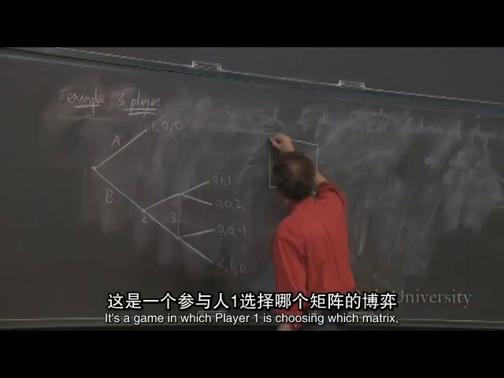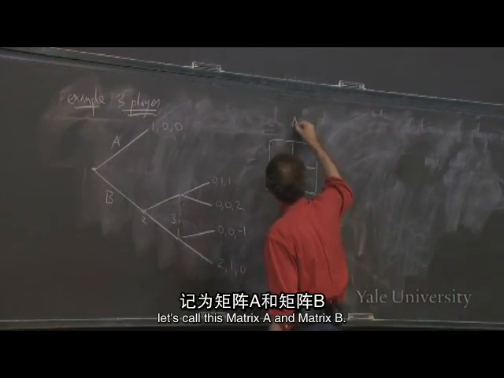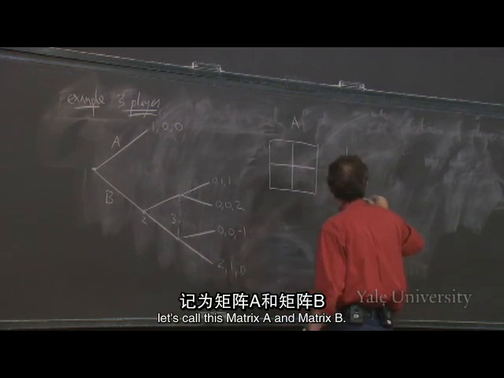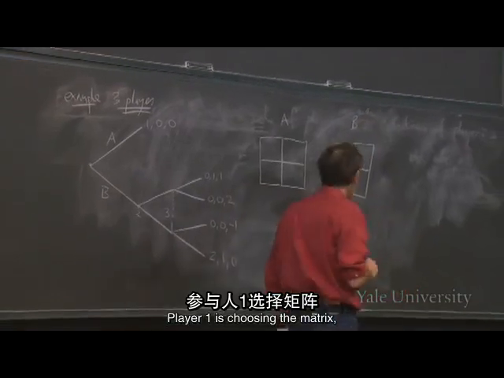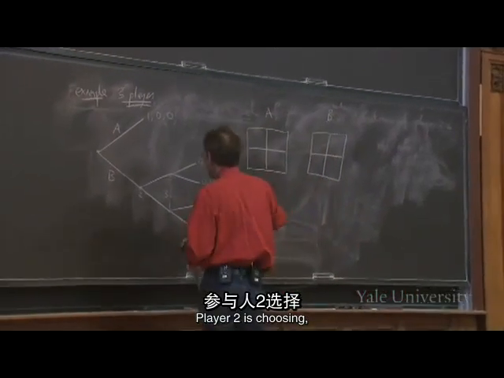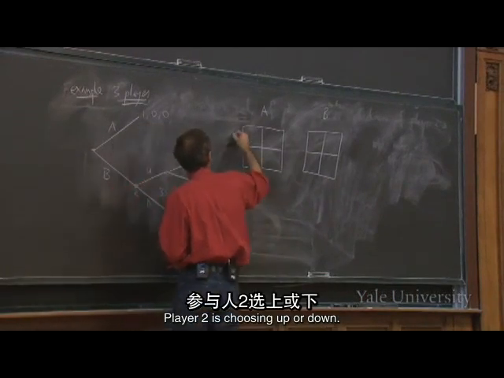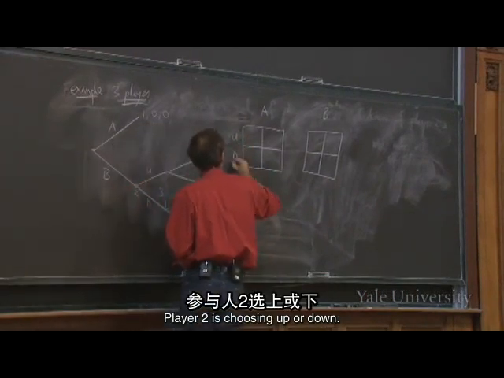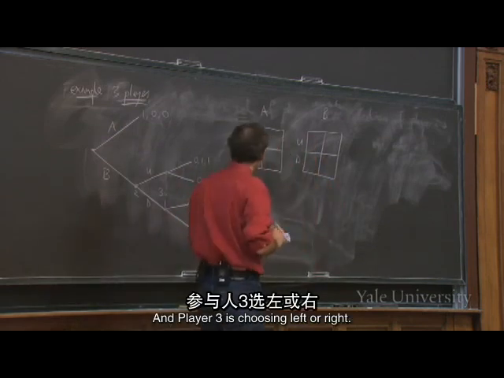It's a game in which player 1 is choosing which matrix. Let's call this matrix A and matrix B. Player 1 is choosing the matrix. Player 2 is choosing, let's call them up and down. Player 2 is choosing up or down.